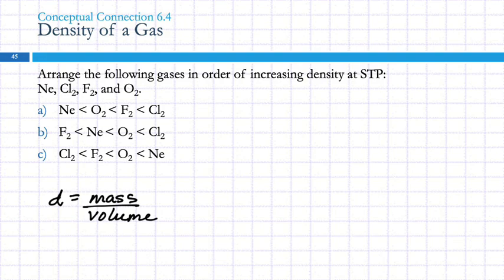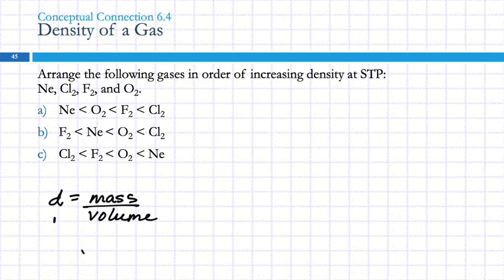We could say, well, if we had 1 mole of each of these gases, they would all have the same volume, right? 1 mole would be 22.4 liters at STP. How do we figure out which one has the largest mass? The molar mass, right?